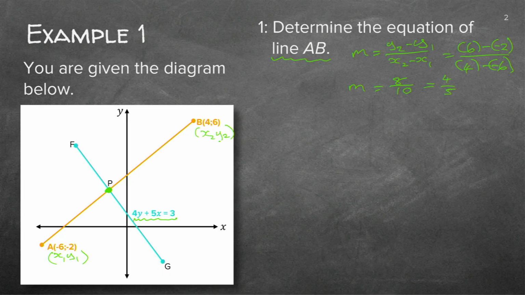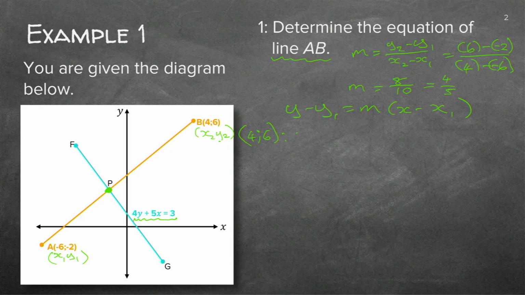Now the minute I've got my gradient and a point, we had a whole lesson on that, I just do this nice formula, y minus y1 is equal to m times x minus x1. Now you can pick any point. Hopefully, you're not going to pick the point with the minuses in. We make mistakes with minuses. So leave that point. We can choose the positive one.